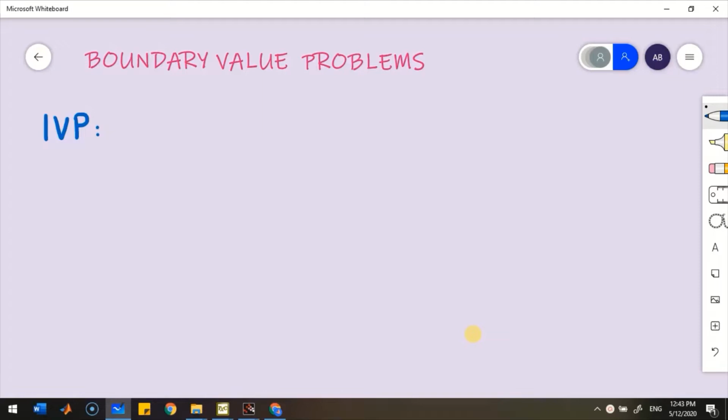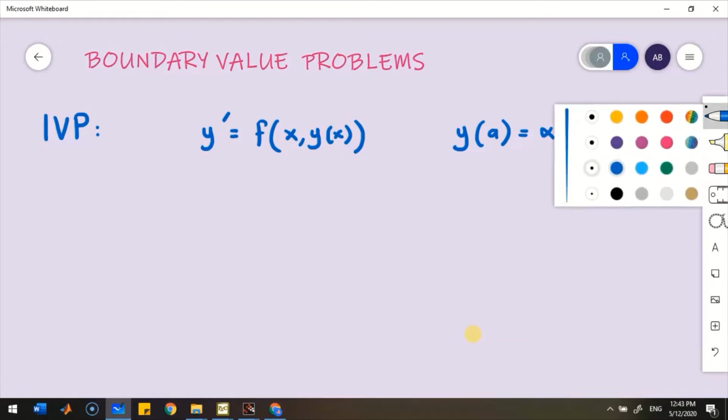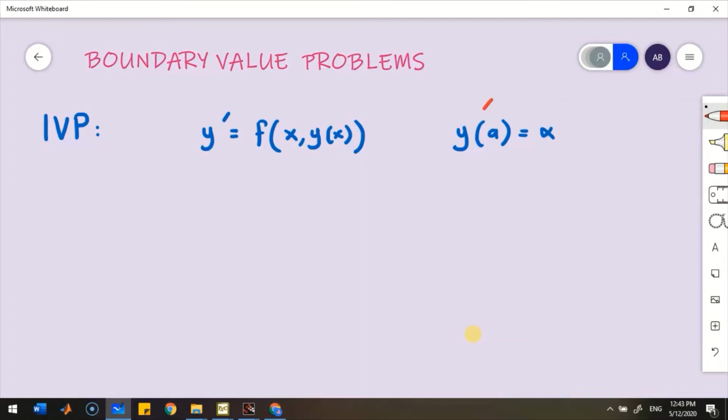Let's say the initial value problem is given as y prime equals f of x, y of x. This is the problem, and the initial condition is given as y at a equals alpha, where my a here usually is my x naught, and my alpha here is my y naught.